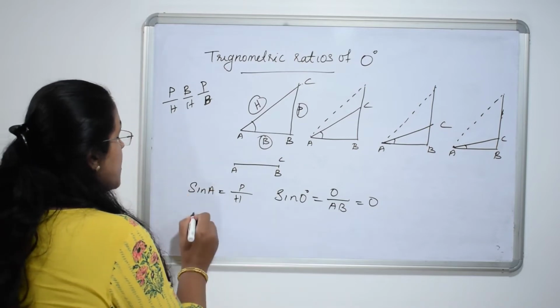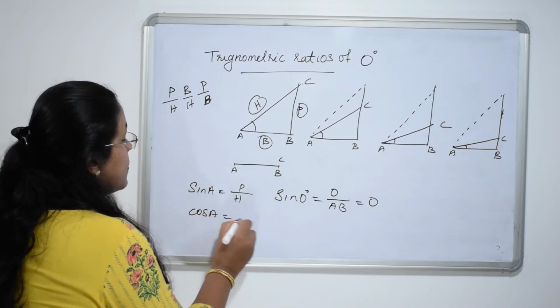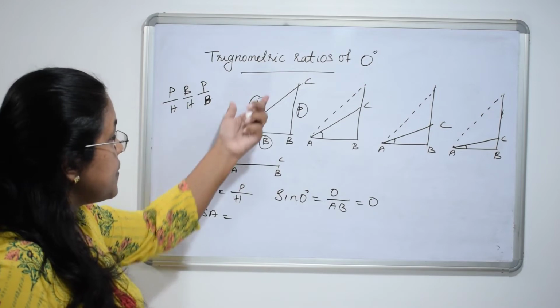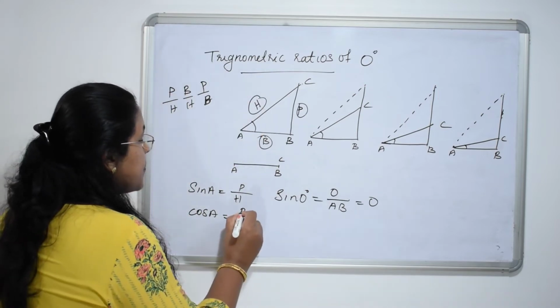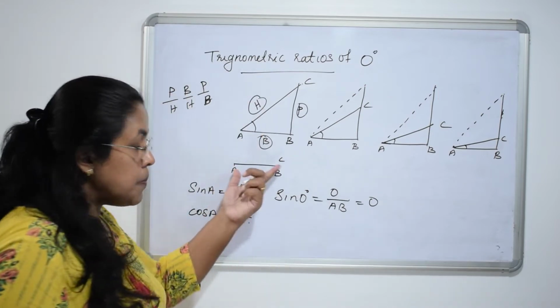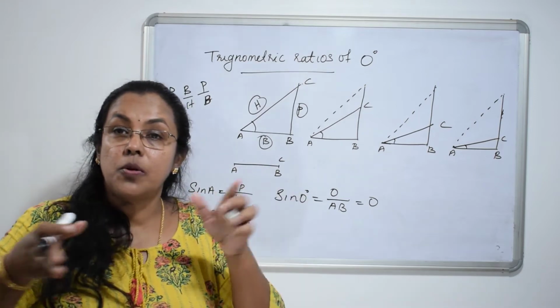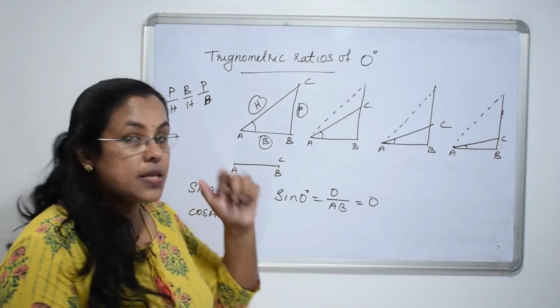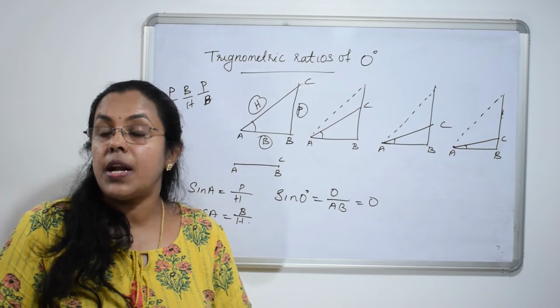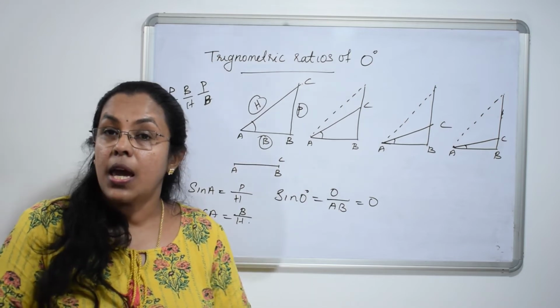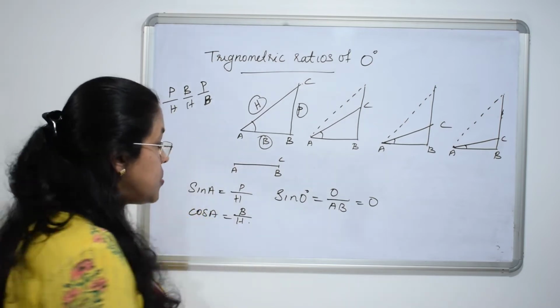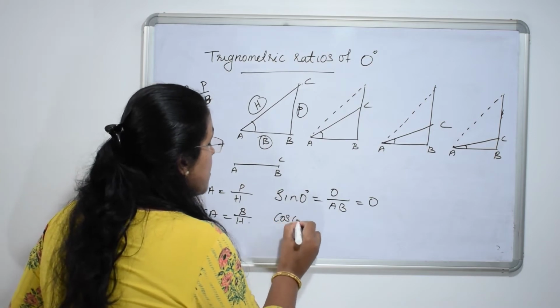Next, we know what is cos A. Cos of angle A is equal to base by hypotenuse. When the angle approaches 0, AC approaches AB. So what is cos 0?